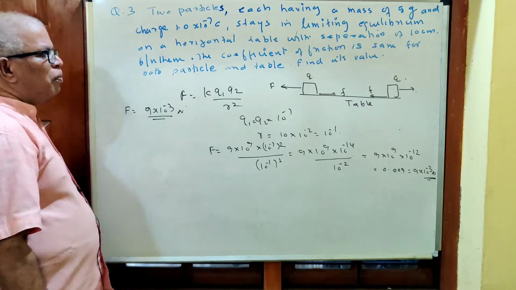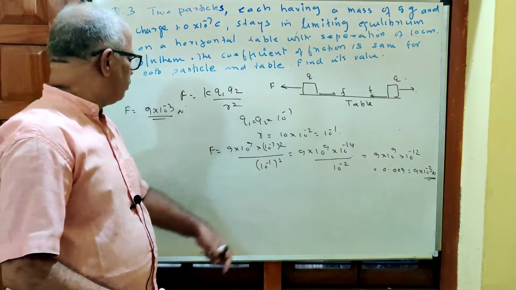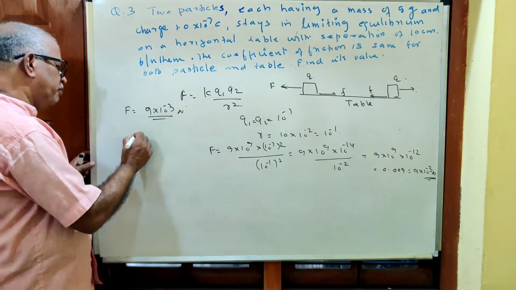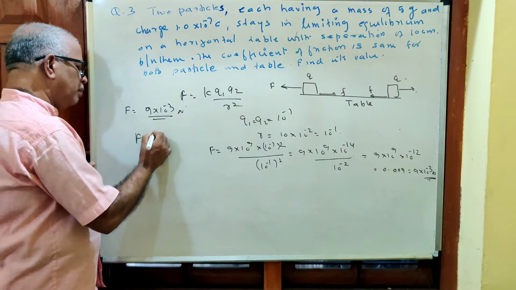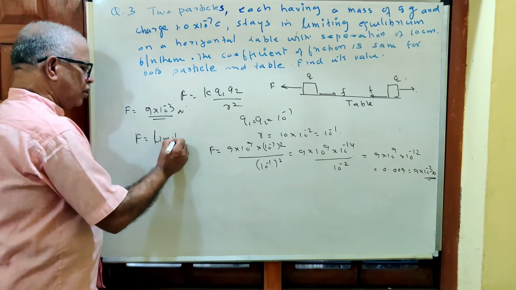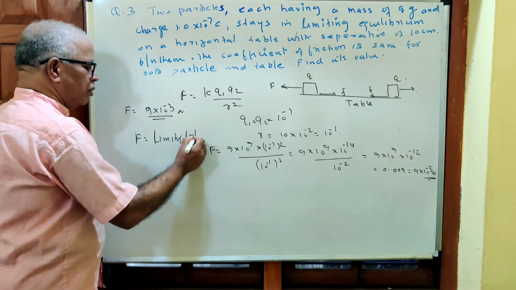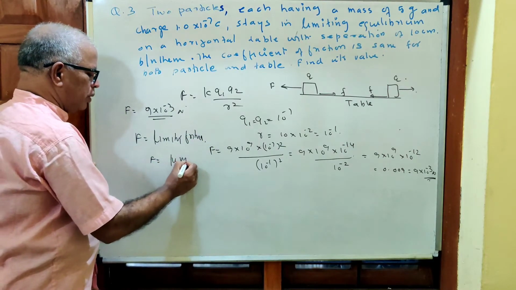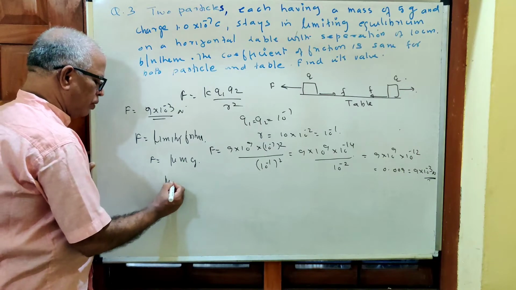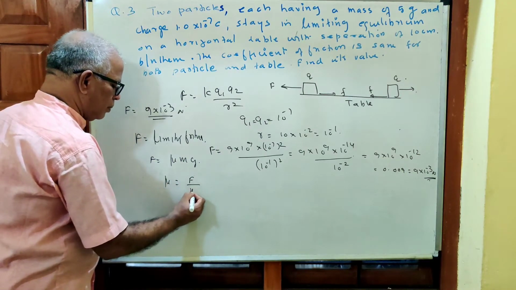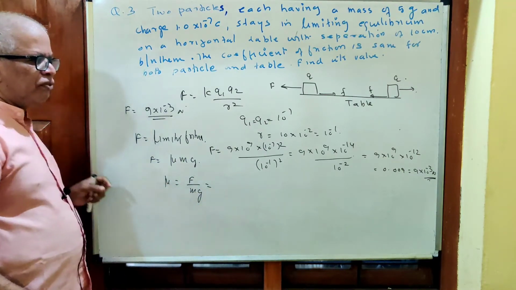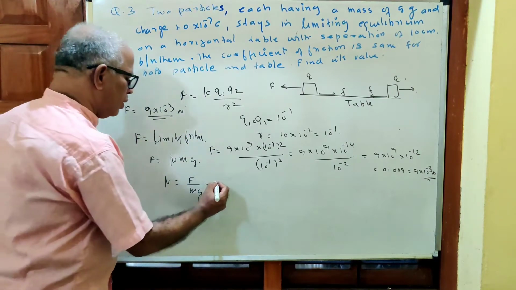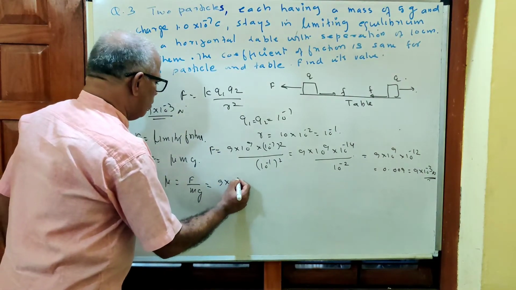Now this is opposed by the friction force, limiting friction. So F must be equal to limiting friction. That is F is equal to mu into m into g. So mu is equal to F by mg. What is F here? F is equal to 9 into 10 to the power 9 into 10 to the power minus 3.